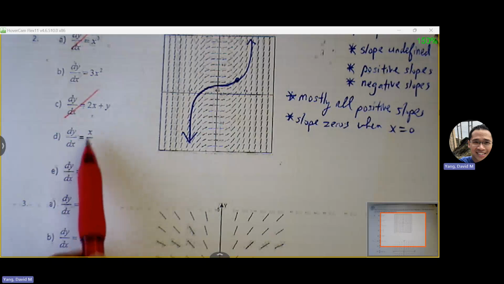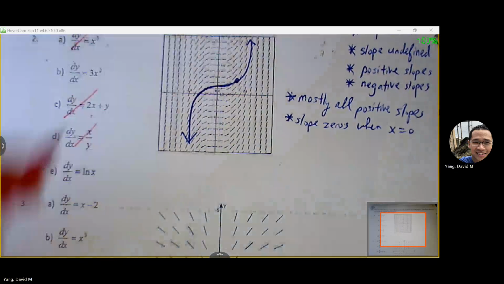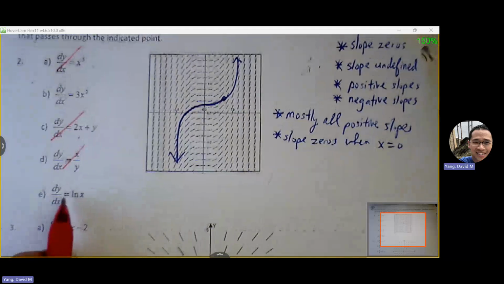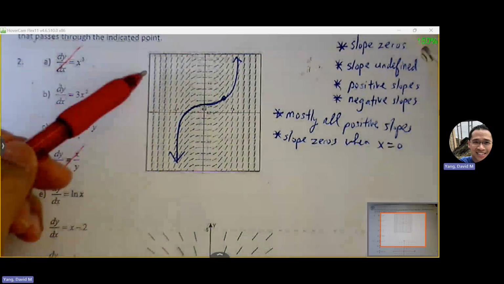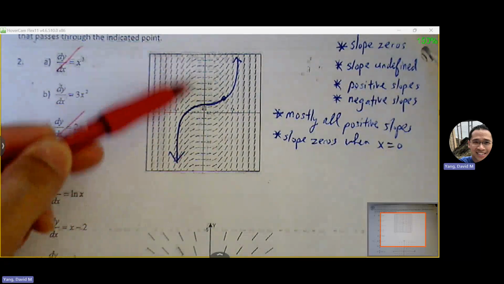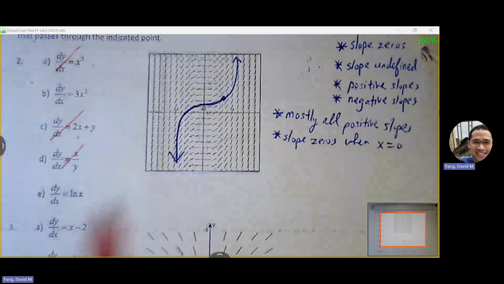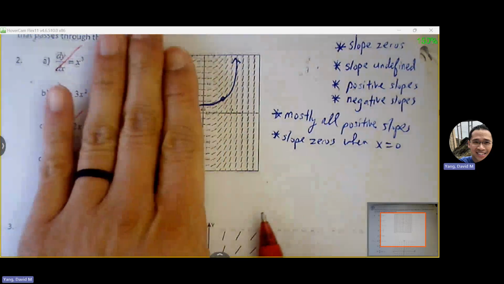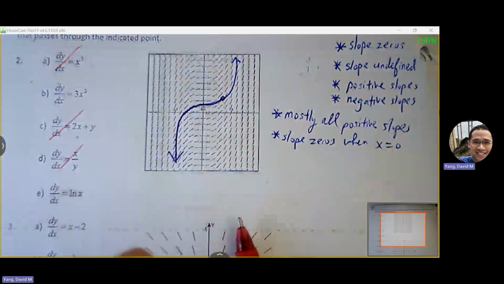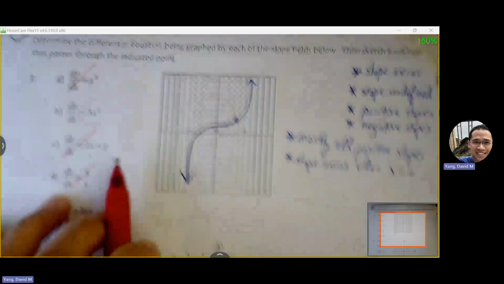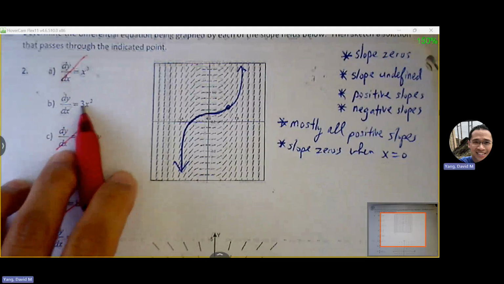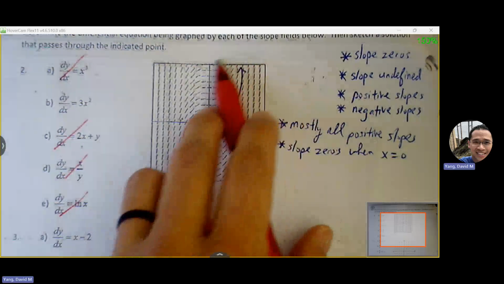A negative over a positive is negative, or a positive over a negative is negative. Natural log of x is positive only for large x, and natural log doesn't exist in the negative regions, right? Natural log of -1 doesn't exist. So if it's natural log of x, this whole thing should be empty. But there's only one option left, right? 3x squared. And if I plug 0 in for x, I do get 0.